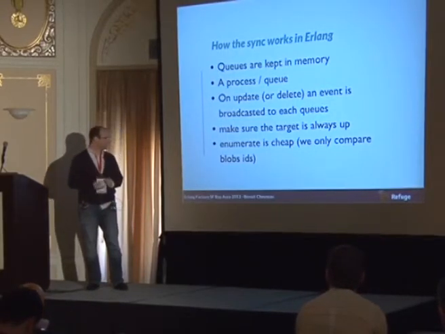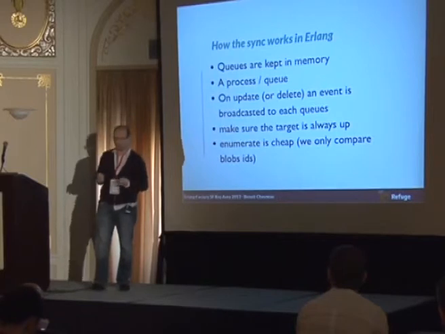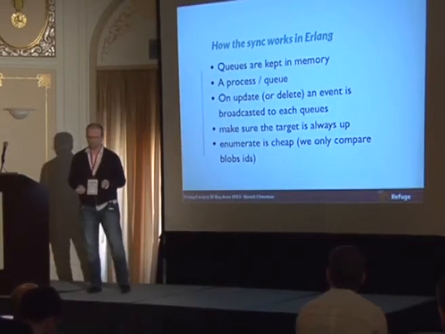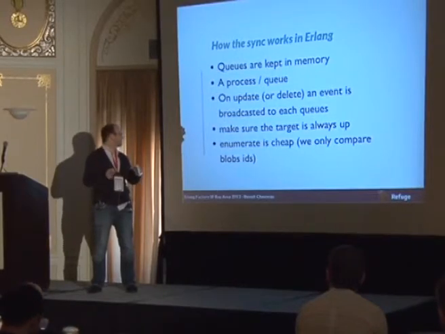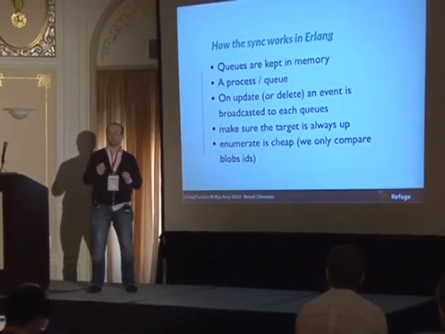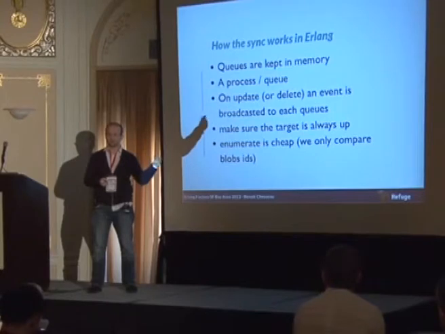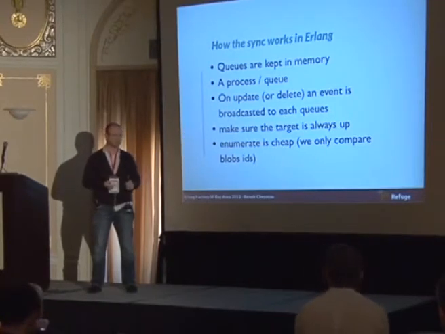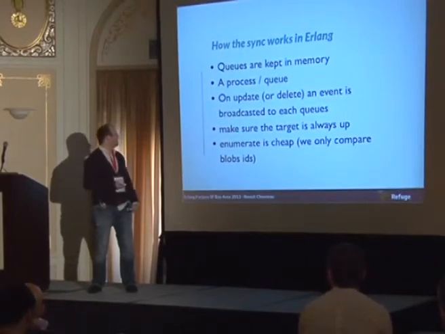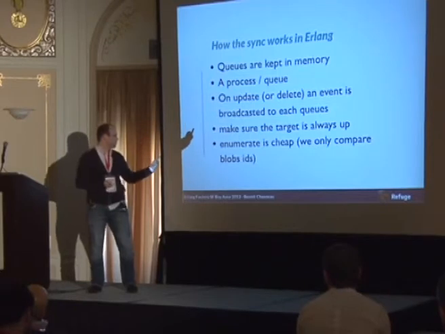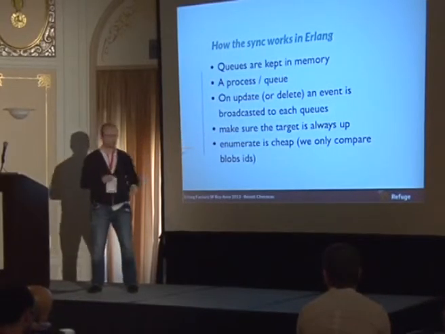On update or delete, an event is broadcasted to each queue, and once it's done, it's sent to the watcher, which can be a request or another process. The watcher then starts to fetch documents. This process per queue also makes sure that the target is always up.